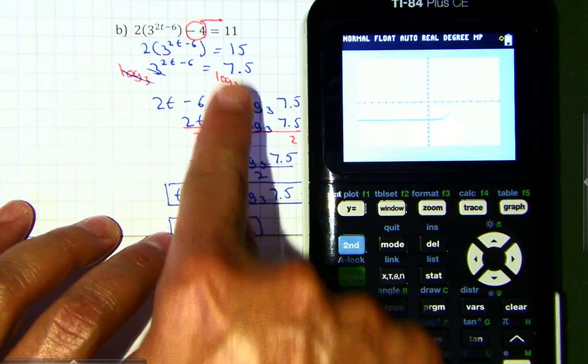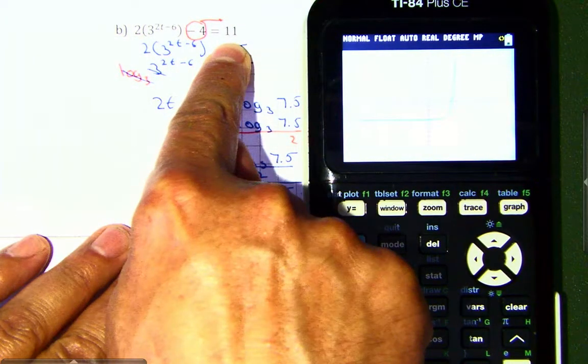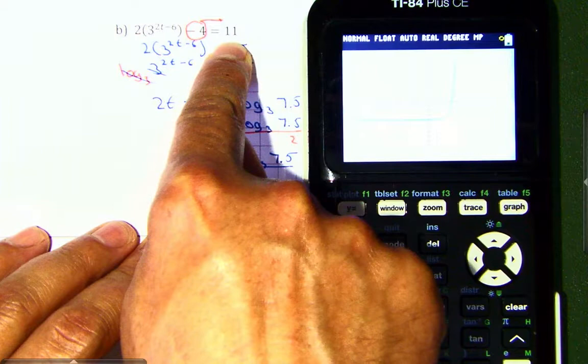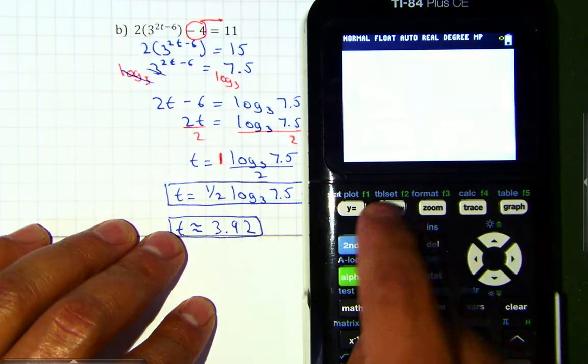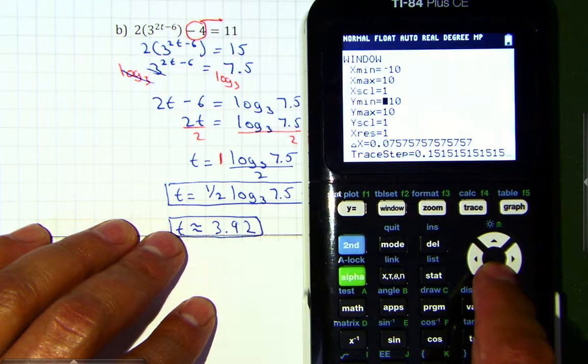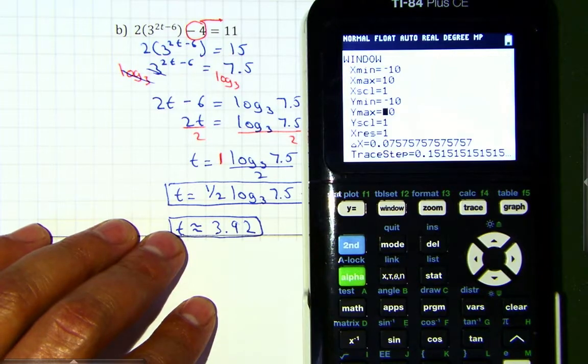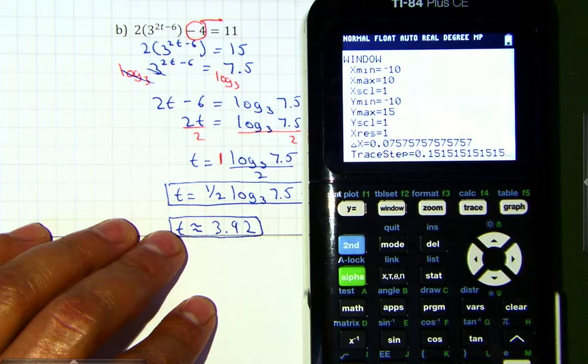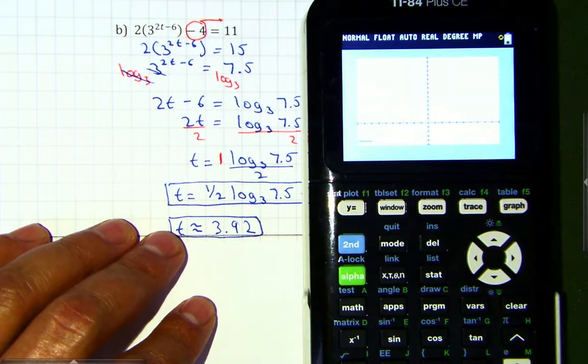But notice that this is a horizontal line at 11. So I want to adjust my window and I'm going to change my y to about 15. And you can change this to -5, or leave as is. So that way you can see the entire graph.